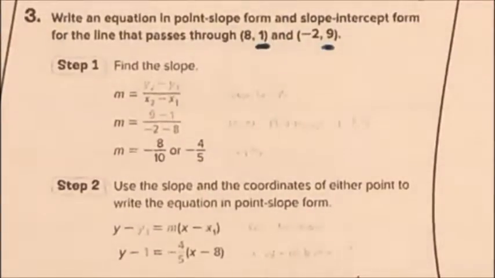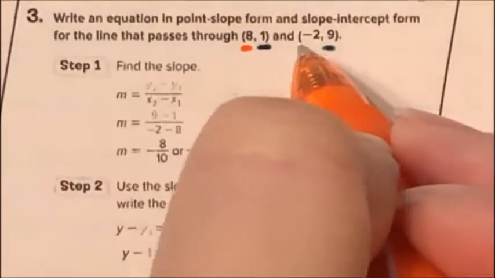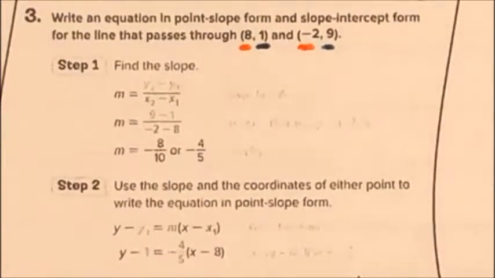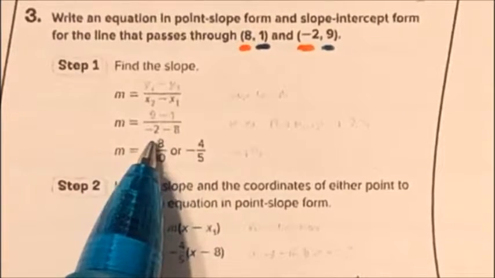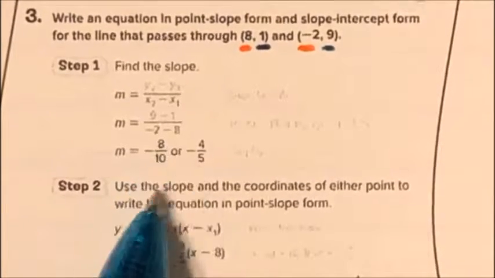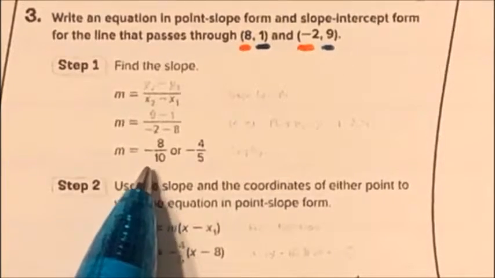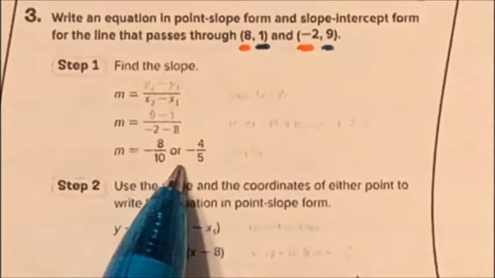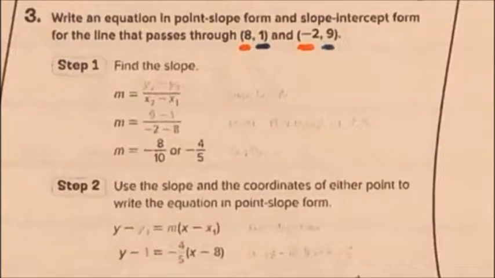Here are my two y values, and here are my two x values that I'm given. When I do that, I get 9 minus 1 over -2 minus 8. 9 minus 1 gives me 8, and -2 minus 8 gives me -10. So that whole fraction becomes -8/10. I can simplify that to -4/5. So that's my slope.